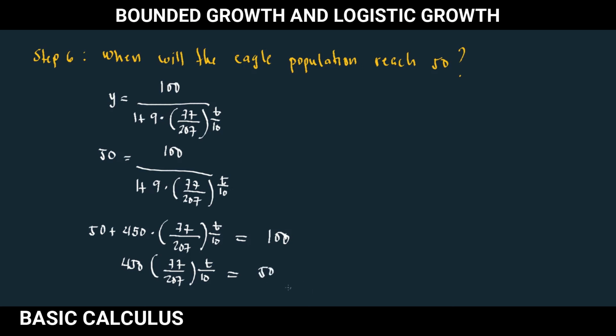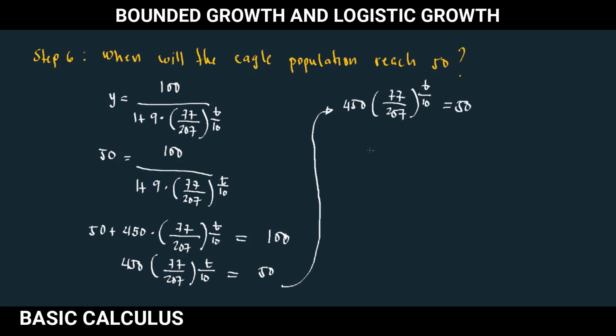Let's continue: we have 450 times 77 over 207 raised to t over 10 is equal to 50.